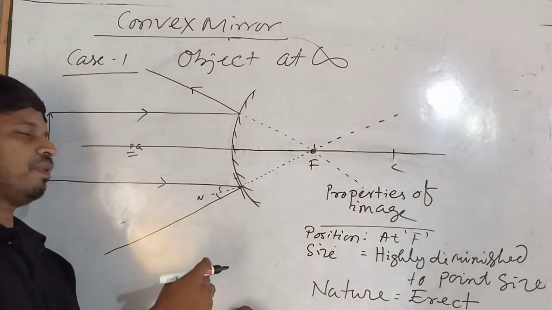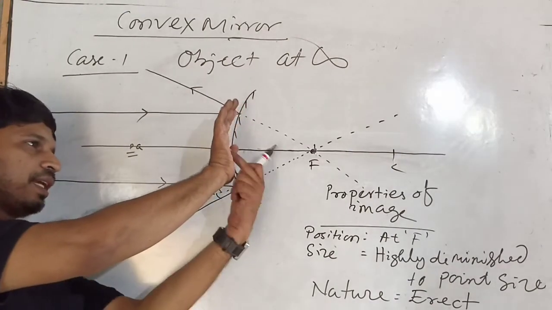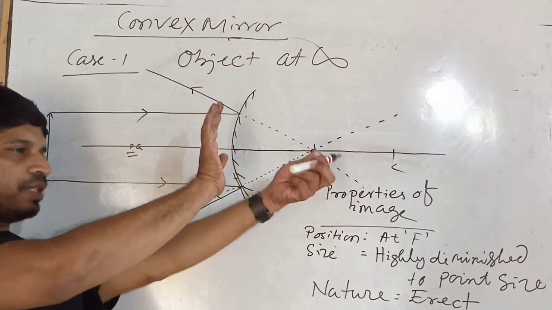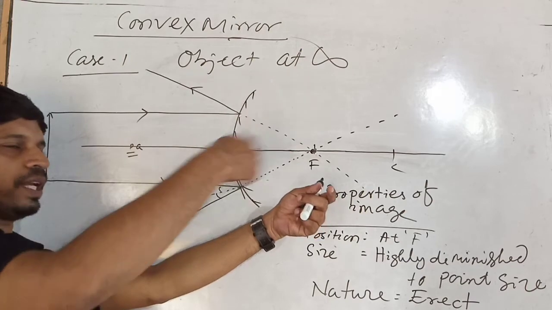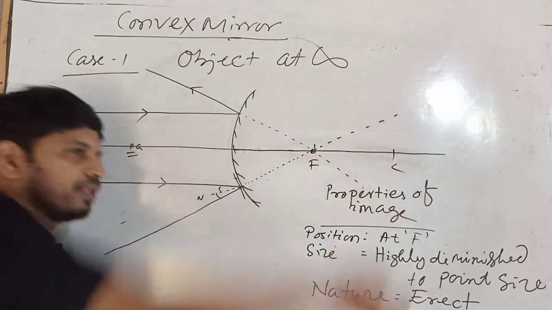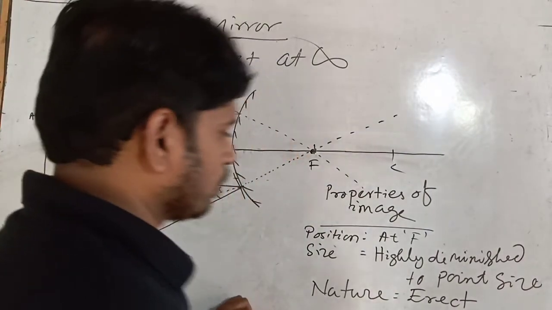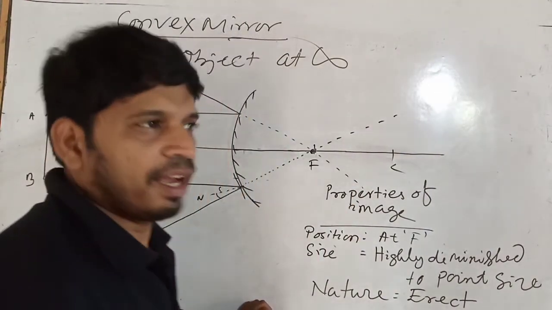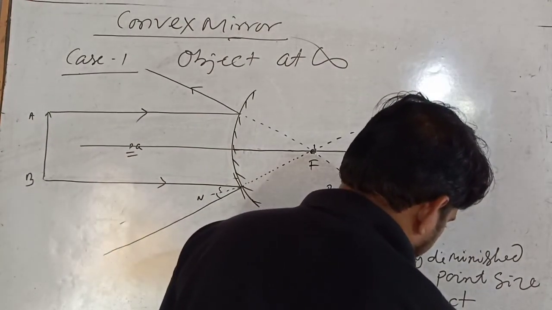If we see from here, the mirror is here, the concave side is the reflecting side. We can see the point size image inside the mirror, or the image is produced behind the mirror. So in that case, it cannot be obtained on a screen, and hence it is called a virtual image.